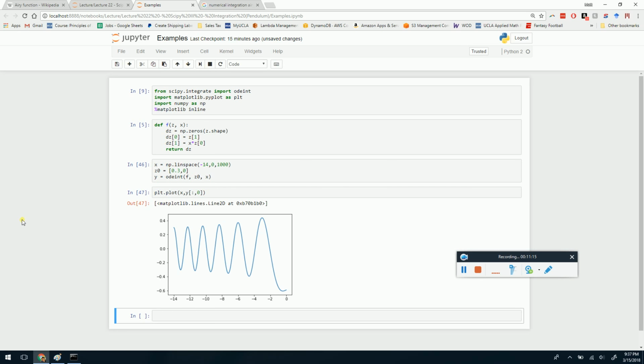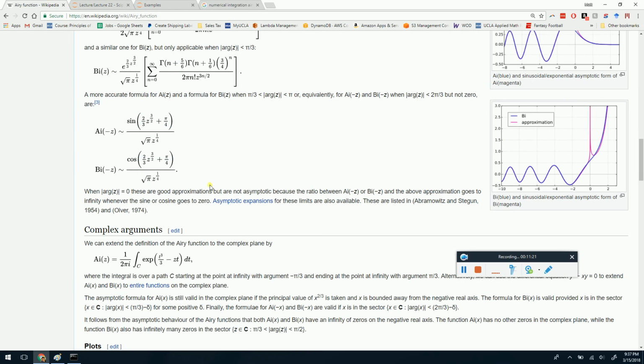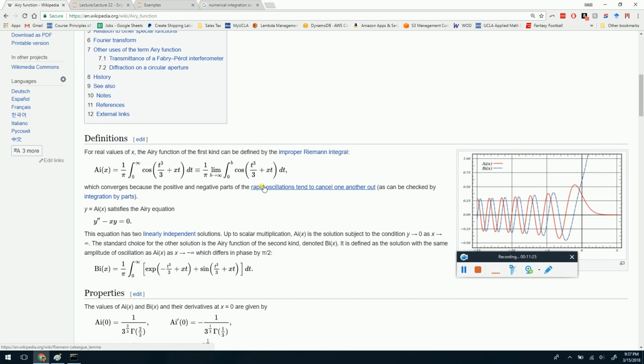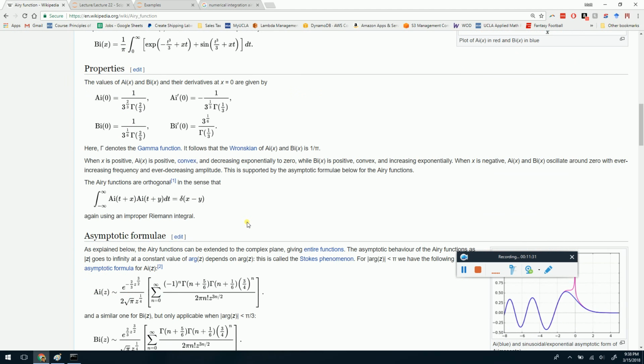But we do see something that's characteristic of the Airy function. How does it describe it? Rapid oscillations. All right.